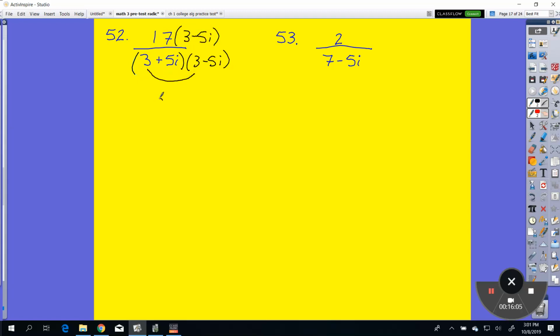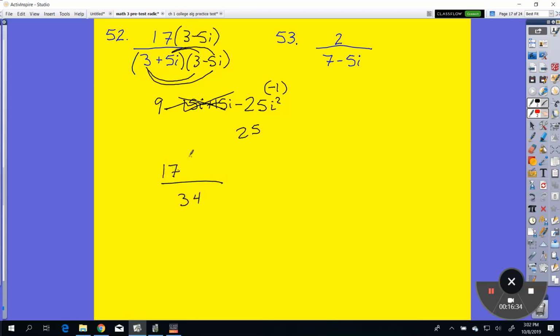So 3 times 3 is 9. 3 times negative 5i is negative 15i. 5i times 3 is positive 15i. So those go away. And 5i times negative 5i is negative 25i squared. But again, remember i squared is negative 1, so negative and negative make a positive. So 9 plus 25 is 34 on the bottom.